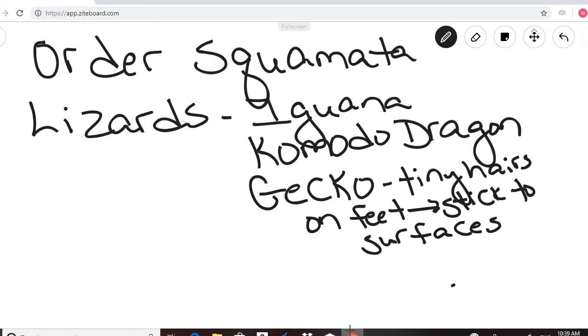Gila monster, horned toads, those are all other examples of lizards.